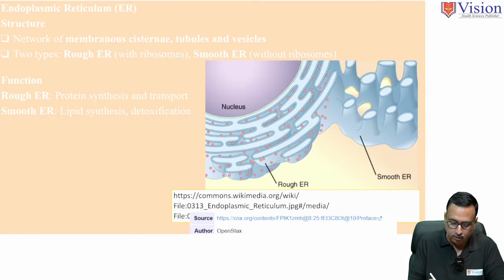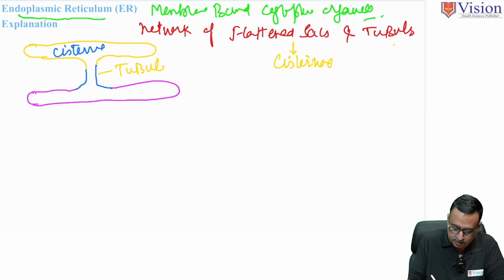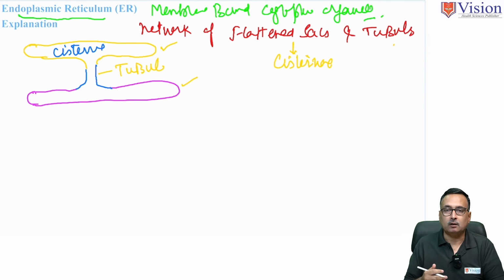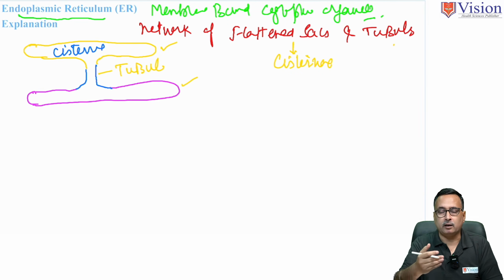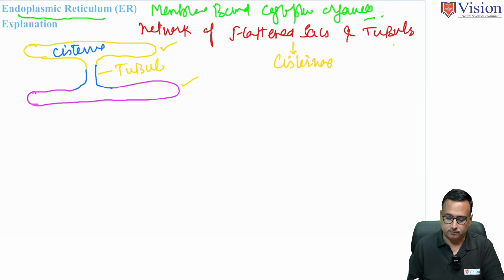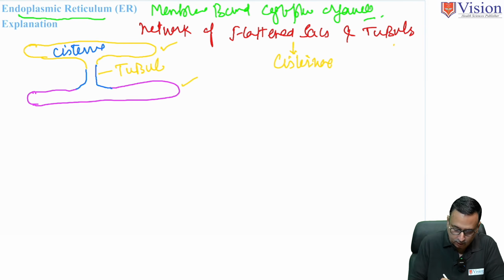So this tubule connects two cisternae. In this manner, a number of cisternae are placed one above the other and are interconnected by tubular structure. And this pattern forms the endoplasmic reticulum.